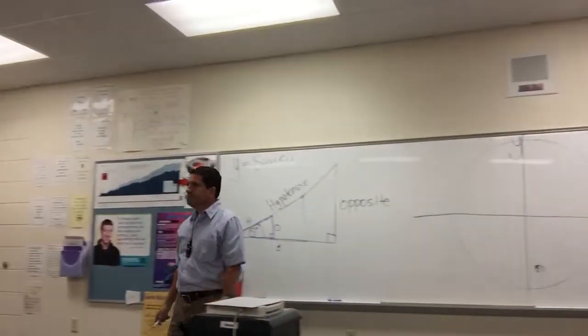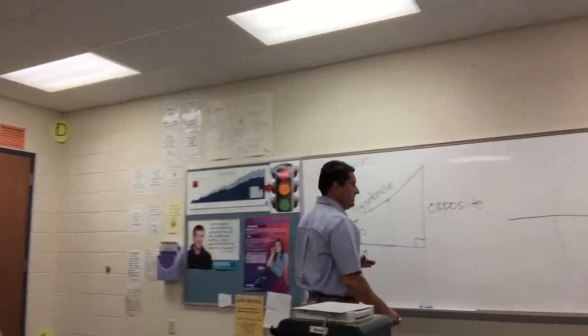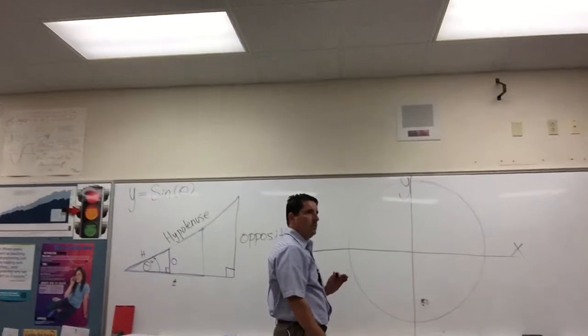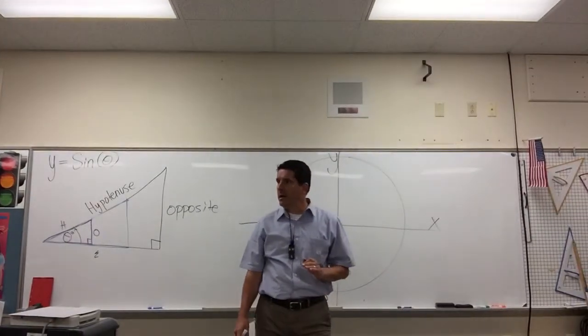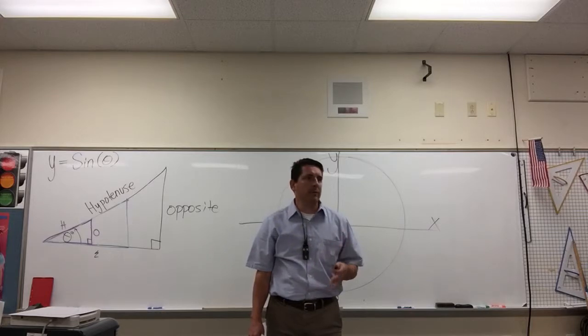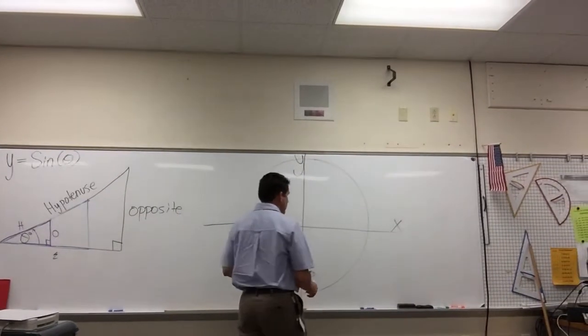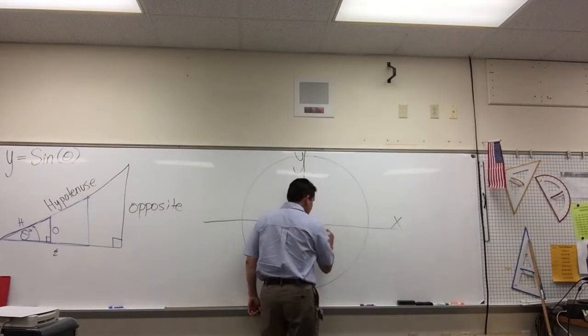And just for the fun of it, we're going to make the radius of this thing equal to 1 unit. That way it can be 1 foot, 1 meter, 1 light year. It can be anything you want it to be. So this radius is 1.